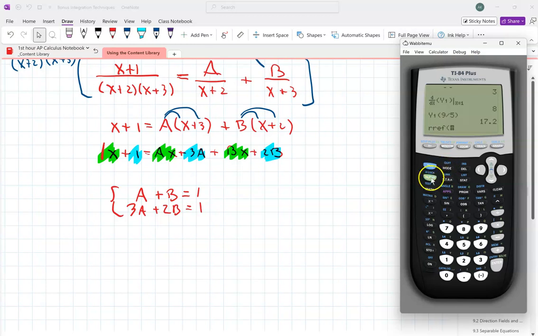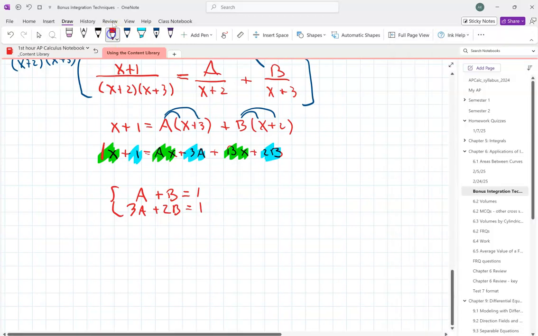I'll select that and do that on matrix A. So what that tells me is that 1a plus 0b equals negative 1, so a is negative 1. And then 0a plus 1b is equal to 2, so b is equal to 2.